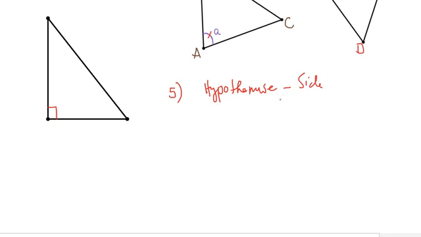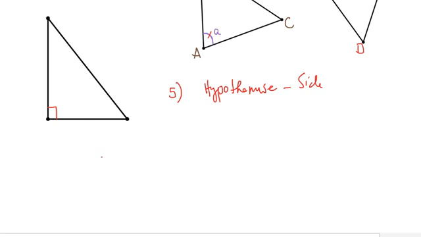So if you can find two right triangles with the same hypotenuse, and you can find a side that both triangles have the same length, then you have a congruent triangle.